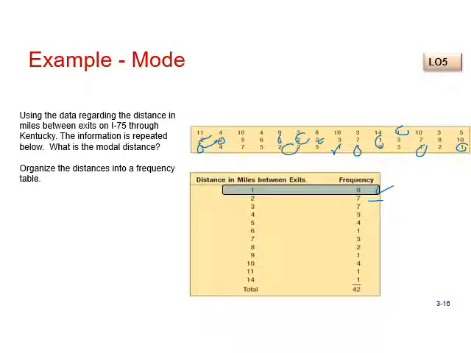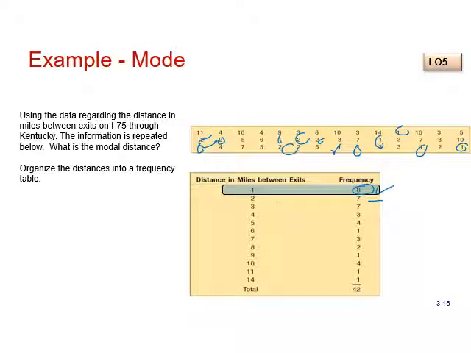So we find the values from 1 up to 14 and how frequent each one is. We count all the values and find the most frequent number is 1 because it repeated 8 times.